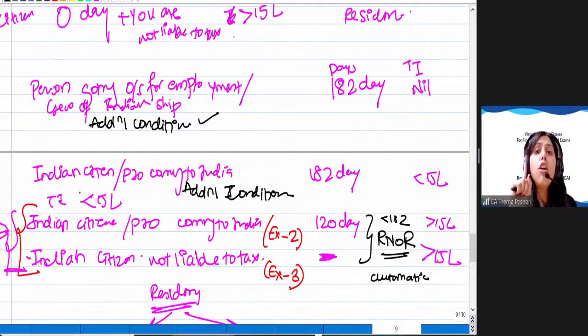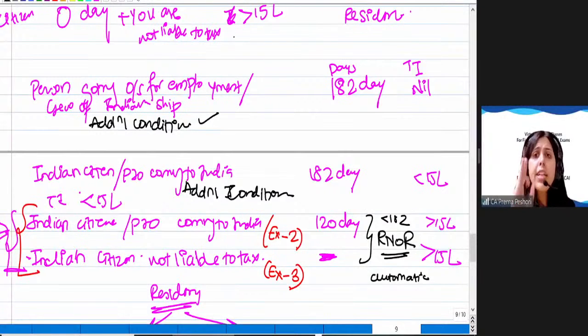Clear? Now the first category of person, if he is a resident, a person who is satisfying either the 182-day or 60-day criteria, for him to be ROR, the additional criteria will be: resident in 2 out of 10 previous years, and the second additional condition is presence in India for 730 days or more in the last 7 years.